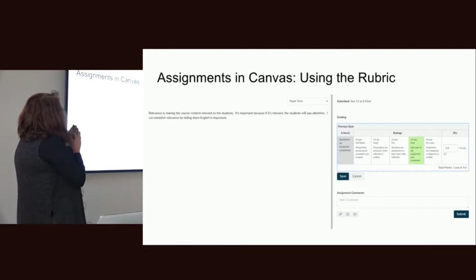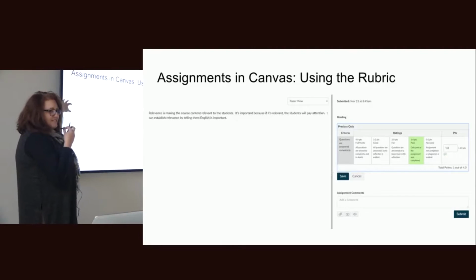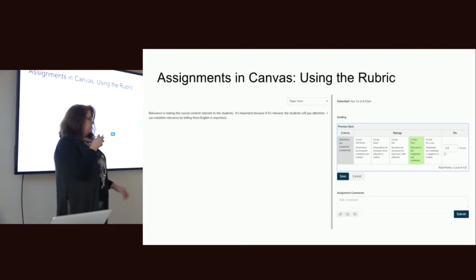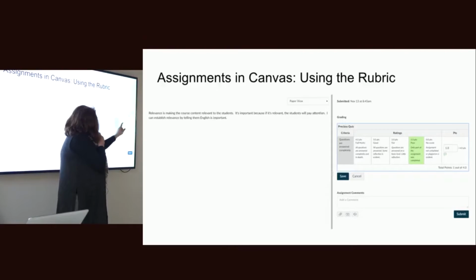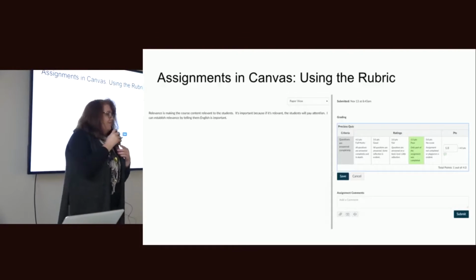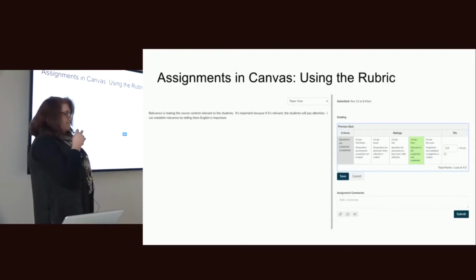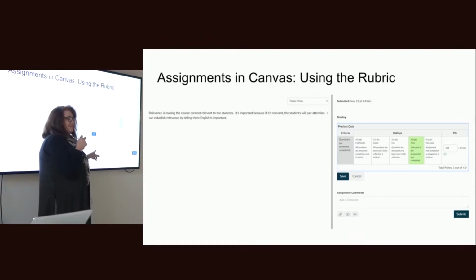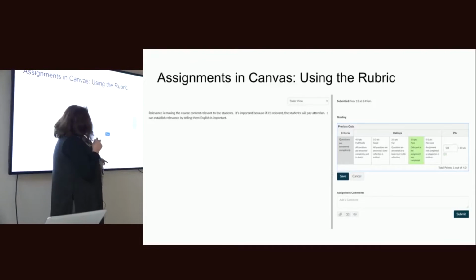So on this side of my screen, I have my test student answer, and then over here is my rubric. All I have to do is click on whichever one of these that I want, and that automatically fills in the number of points for the student. The cool thing, though, is down here, you can add comments. You're not limited to just text comments. You can add an attachment, you can record a video, you can do your voice.